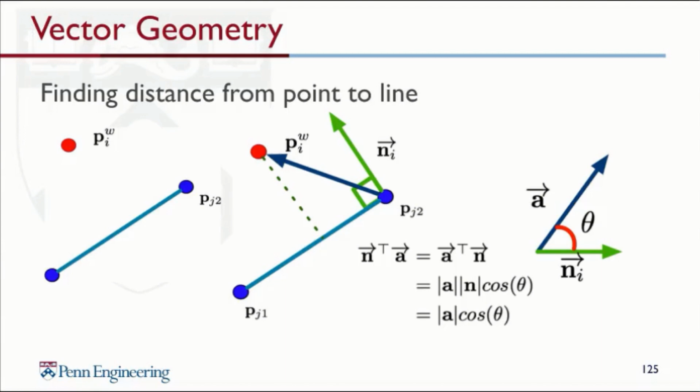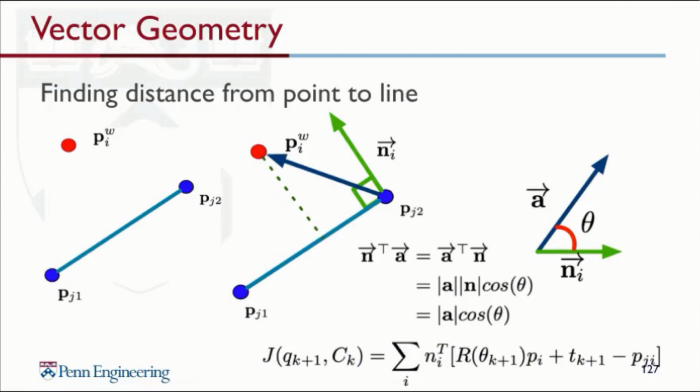Since the magnitude of the normal vector is 1, this ends up being a cosine theta. And so this inner product is exactly the distance from the point to the line that we desire to compute.